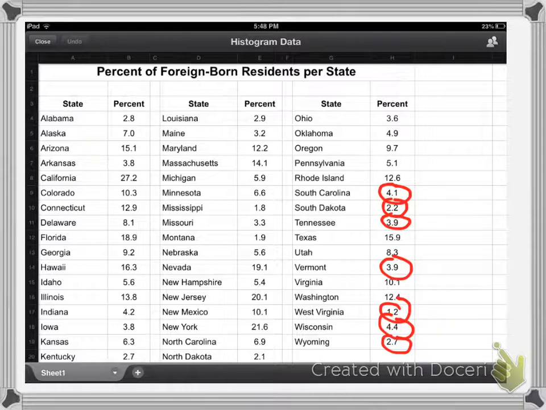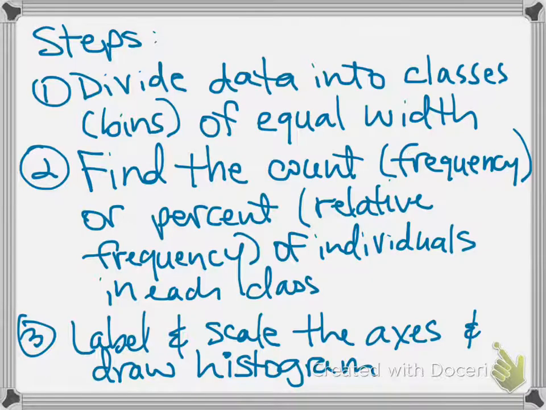And then we'll move up another bin. That second bin will have states whose percents are between 5 and just below 10. And then we'll move on from that on up until we account for all the states, up to and including California with its 27.2% of residents. So that's our first step.